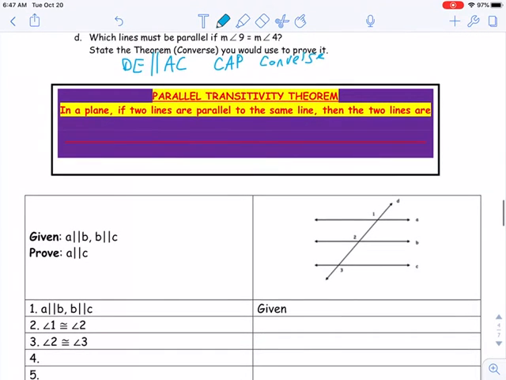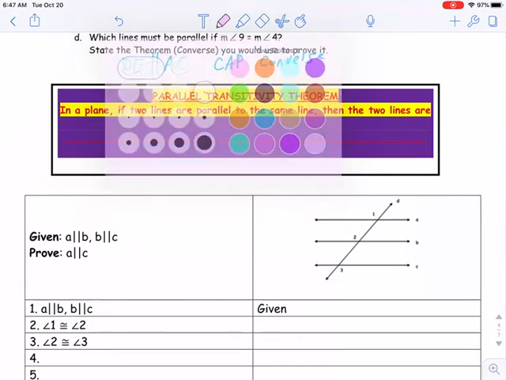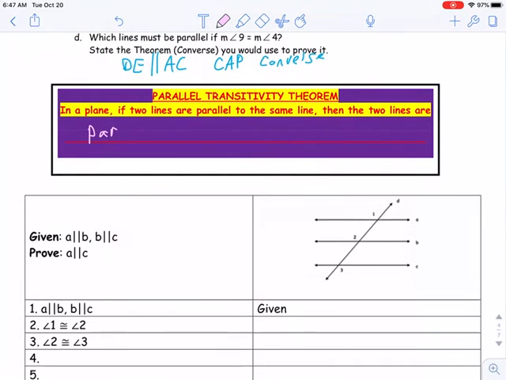If two lines are parallel to the same line, then the two lines are parallel to each other. Cool. All right. So that kind of sounds obvious. If A is parallel to B, B is parallel to C, well, A and C must be parallel to each other if they lie on the same plane.